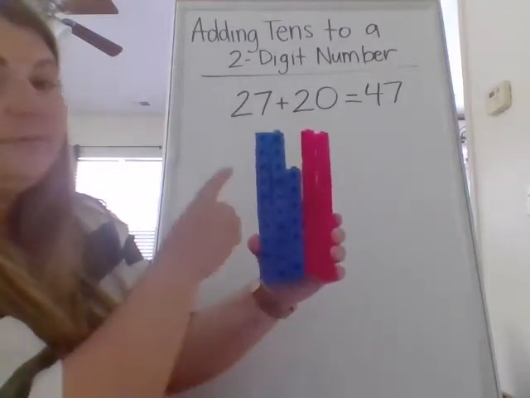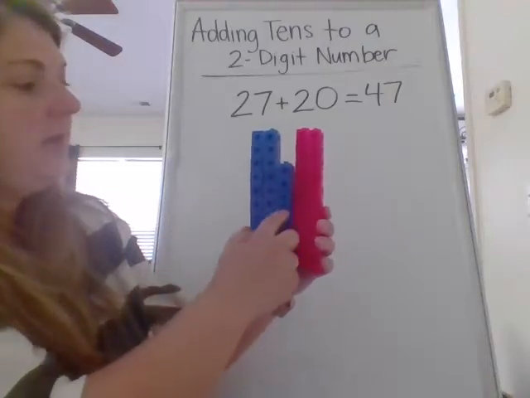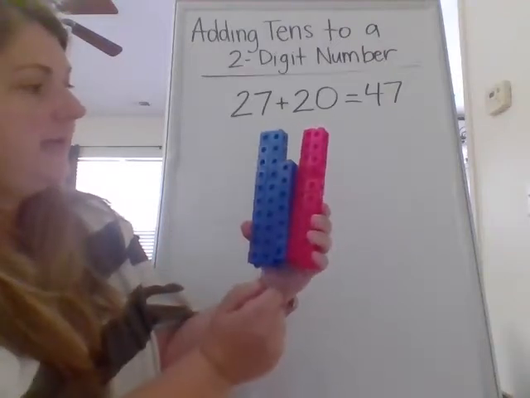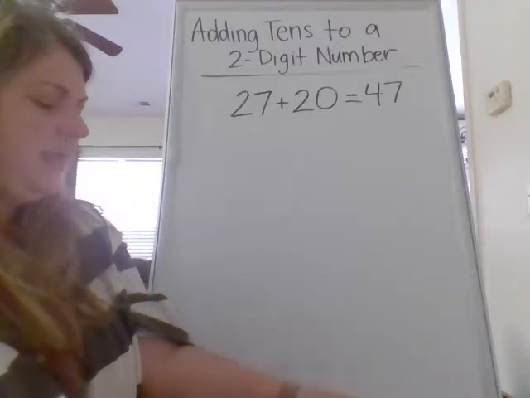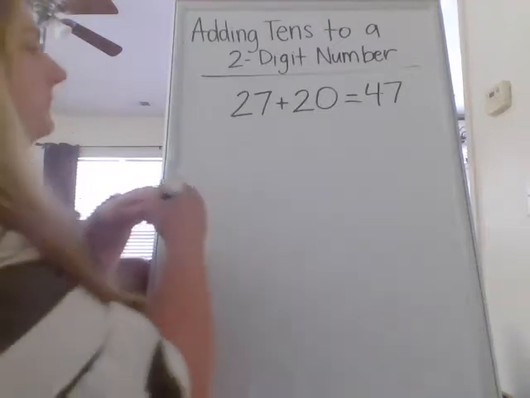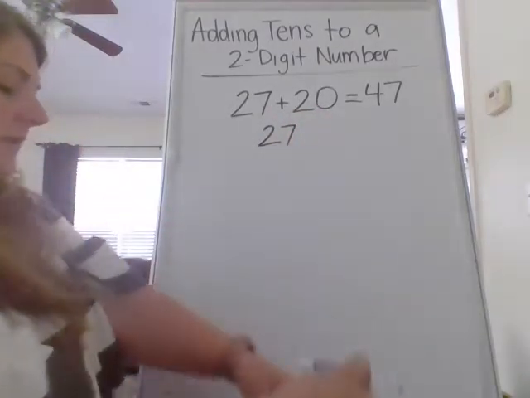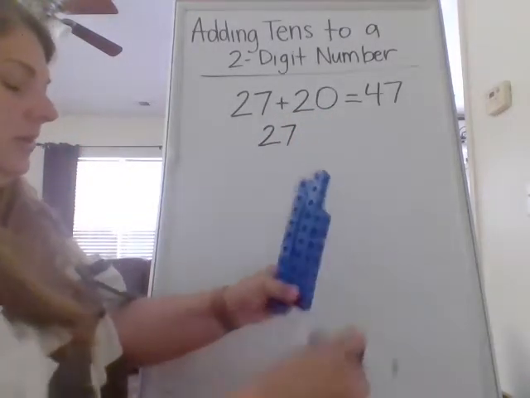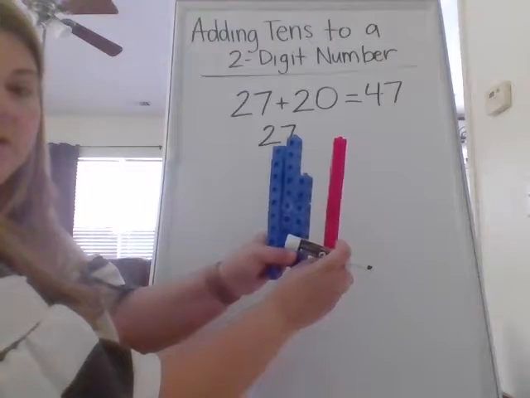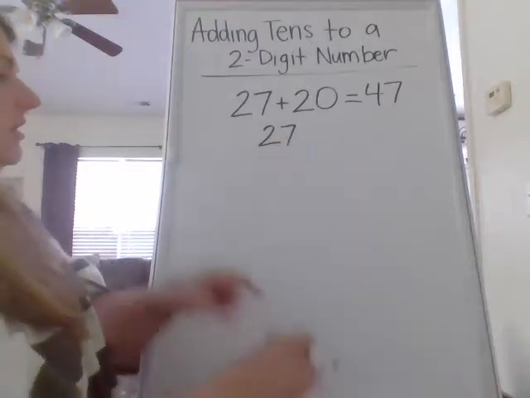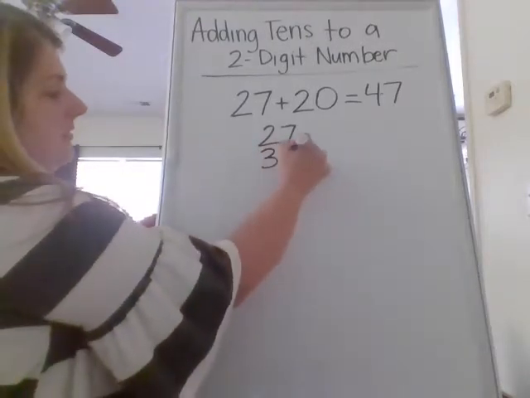We did. Now I'm going to write on the board what numbers we were adding each time to see how we came up with it that way. We started with 27, and we added 10, and we said that was 37.